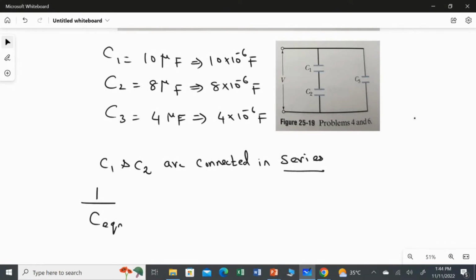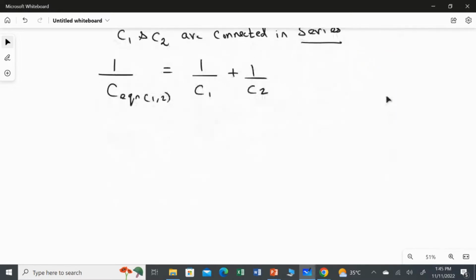So 1 over the equivalent capacitance for capacitors 1 and 2 is 1 over C1 plus 1 over C2. This is the rule, and we are using it only for these two capacitors because they are connected in series. Your third capacitor is not in series, so it is in a different combination. Here the two are exactly in series, so we find the value of the equivalent capacitance for these two capacitors.